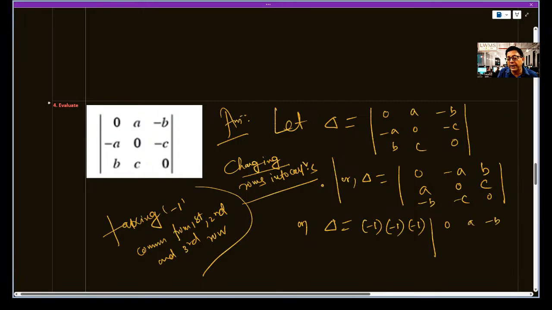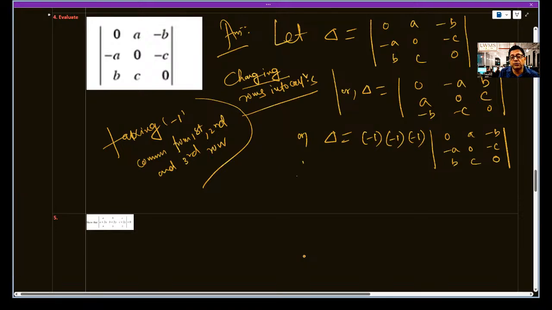So it will be 0, a, minus b; minus a, 0, minus c. What do you observe? What have I got there? Check. I got the same delta back here, isn't it? So delta equals minus delta. This implies, therefore, delta equals 0. Clear? Understood? So this determinant has value equal to 0.